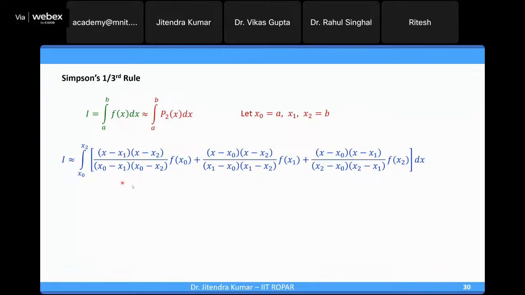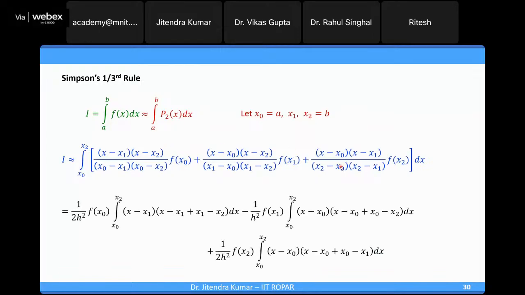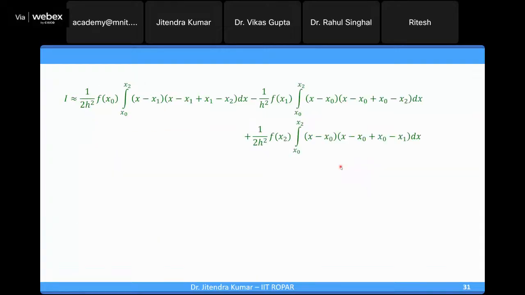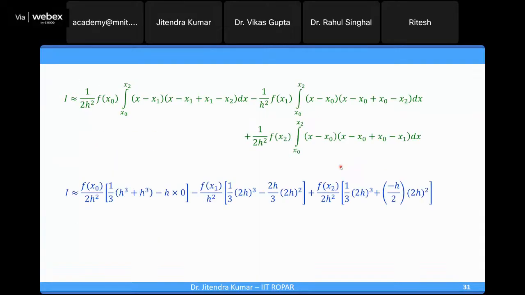You have this quadratic polynomial which you need to integrate. f(x0) is a constant, f(x1) is a constant, f(x2) is a constant, and the denominator is also constant, so you just need to integrate (x minus x1)(x minus x2), and similarly at all other places. It is not so important how you integrate; you can do it at your convenience.